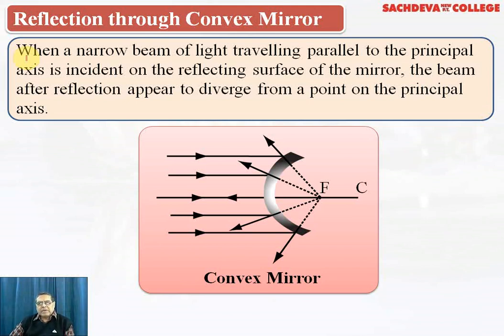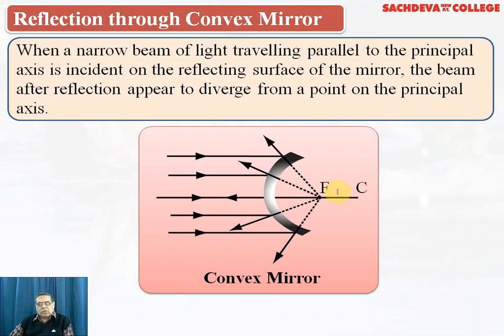If the reflected lights are extended backward, all the rays will meet at point F, and that is called the principal focus of the convex mirror, where C is the center of curvature. The distance from the center of curvature to the optical center is called the radius of curvature, and the distance from F to the optical center or the pole is called the focal length.